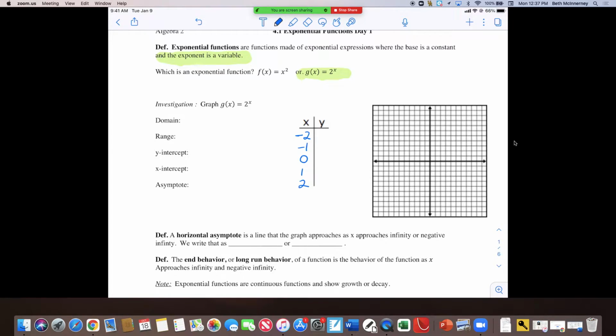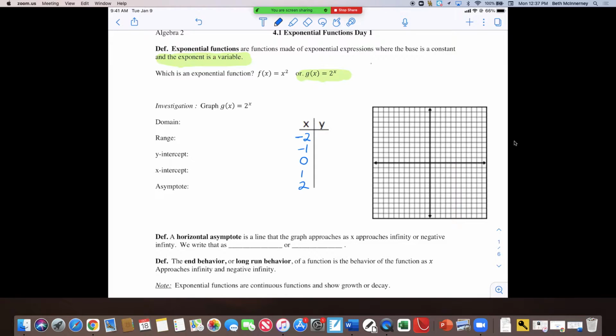So a couple things I want to refresh your memory back from Algebra 1. In general, what's a to the 0 power? What do we remember? Anything to the 0 power.